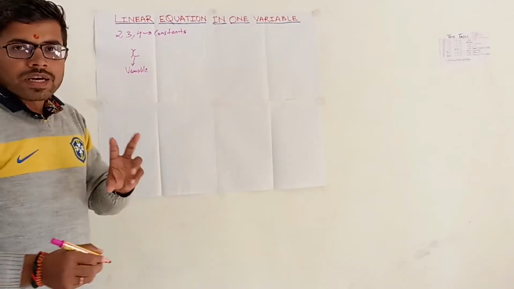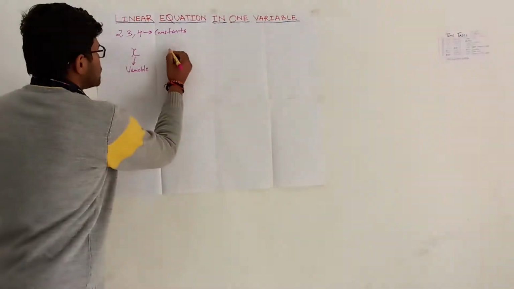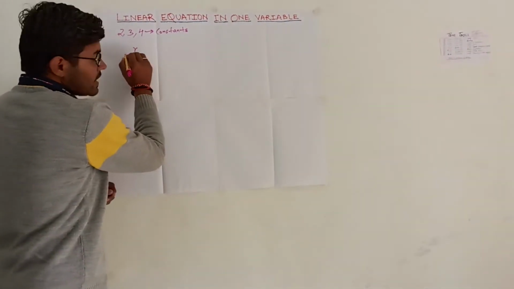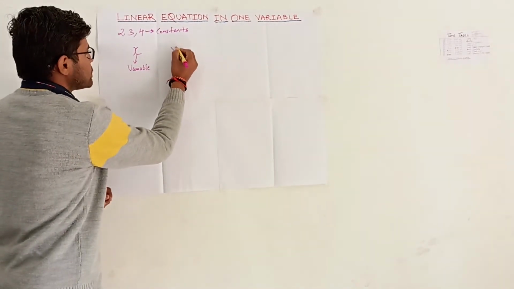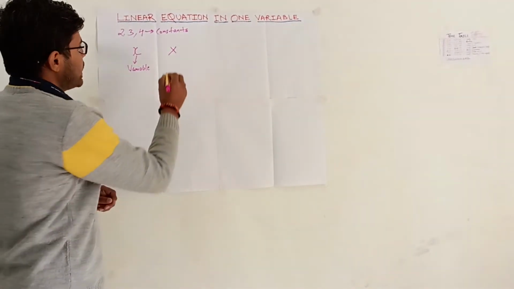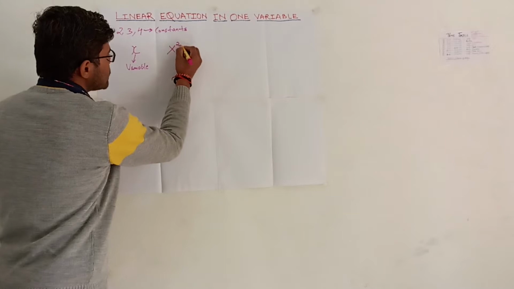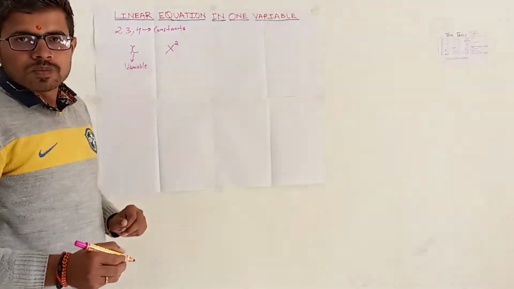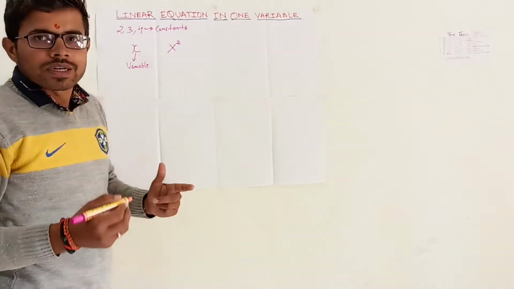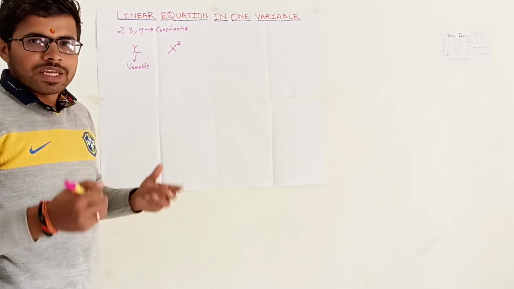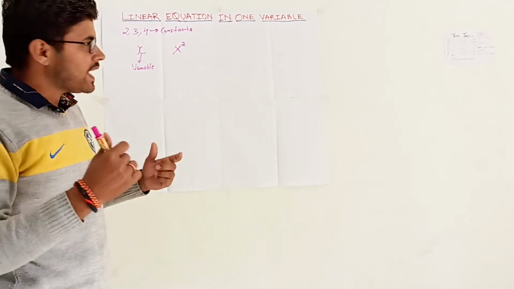Now we have to understand what is power. Suppose let's take this variable only, x, and x has something above it, like let us say 2. So this 2 is its power. Like we eat so we become powerful, like that only.